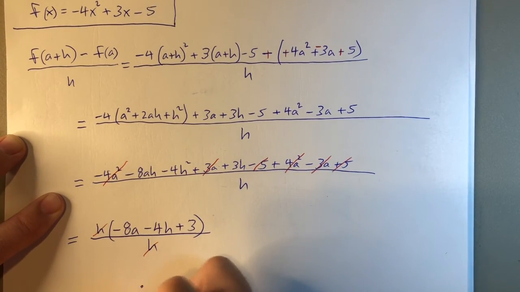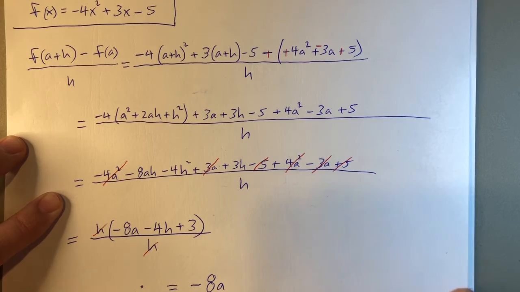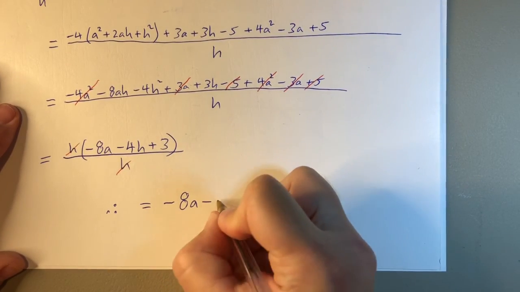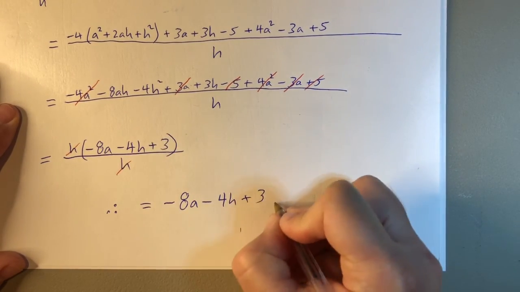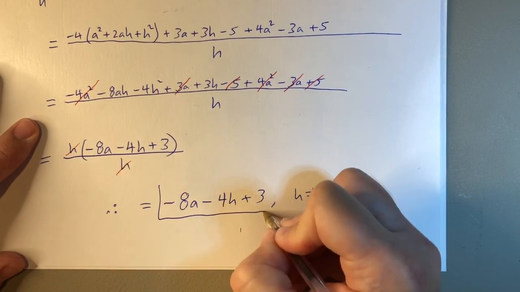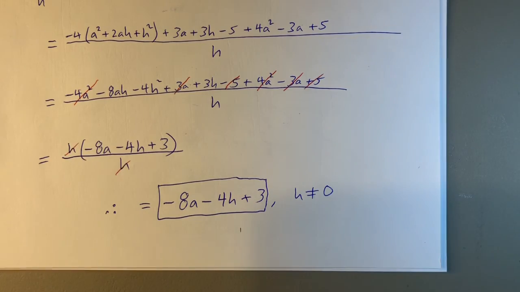Therefore, the difference quotient is equal to what? It's equal to negative 8a minus 4h plus 3, where h does not equal 0. Again, this is the important piece right here. This is the difference quotient.